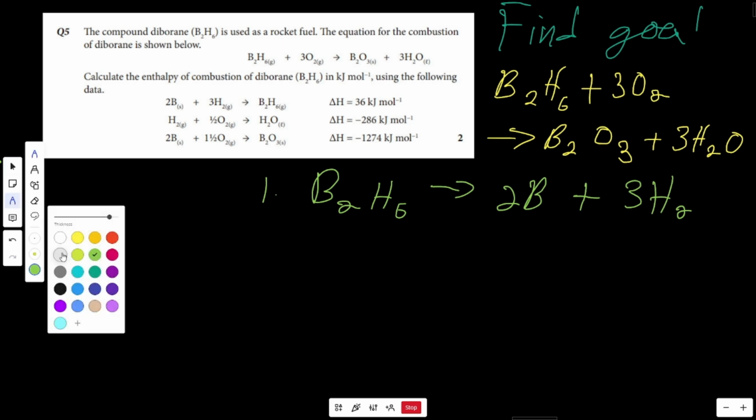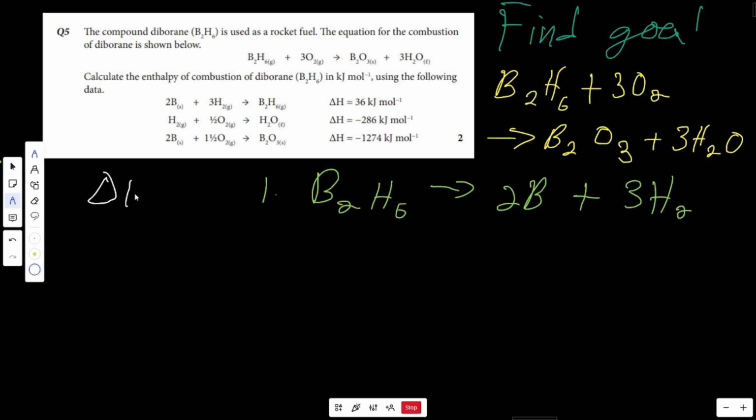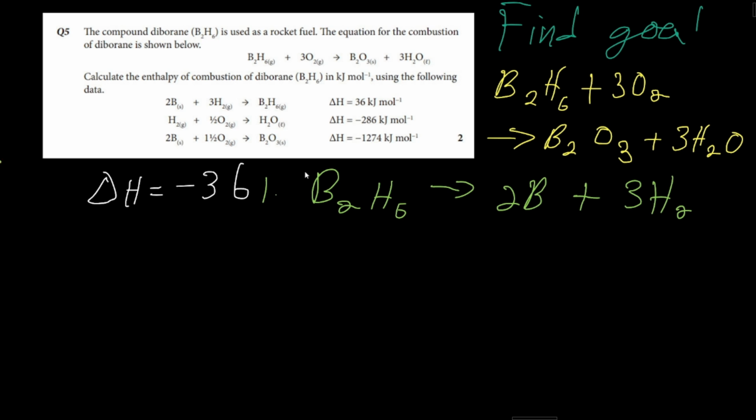But again, what happens to enthalpy when we flip a reaction? From 36, it becomes negative 36, right? We can see that that makes sense because we're reversing the reaction.